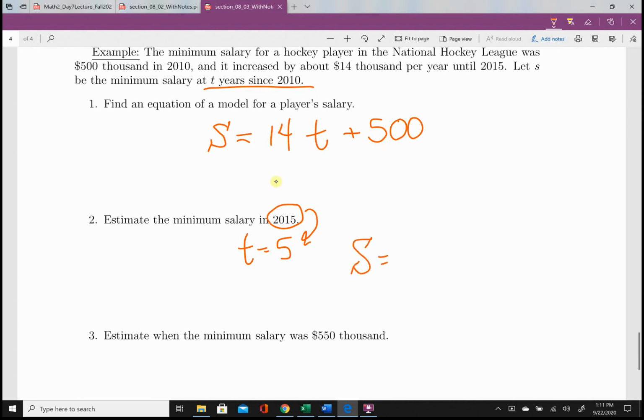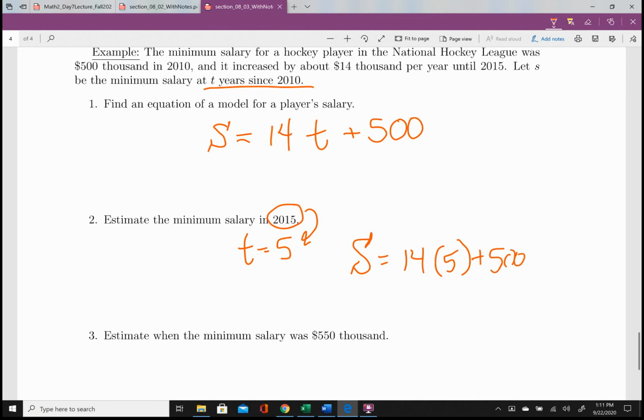And notice that my S's are fancy. I do that so that they don't look like 5s, because my 5 looks totally like an S, right? But if I add these little extra lines, hopefully nobody makes errors thinking my S's are 5s. But plug in a 5 for T, because 2015 is 5 years past 2010.